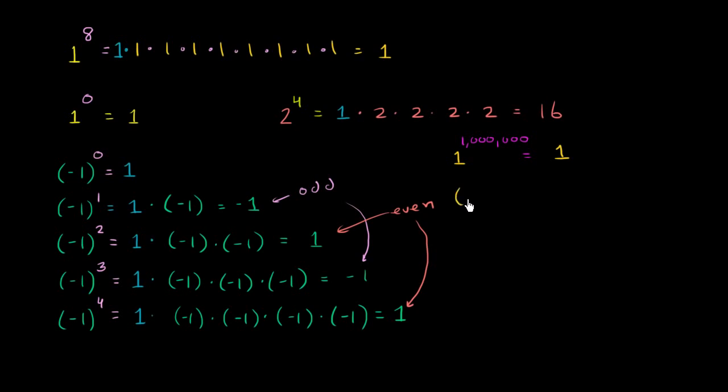If someone told you, let's take negative 1 and raise it to the 1 millionth power, well, 1 million is an even number, so this is still going to be equal to positive 1. But if you took negative 1 to the 999,999th power, this is an odd number. So this is going to be equal to negative 1.